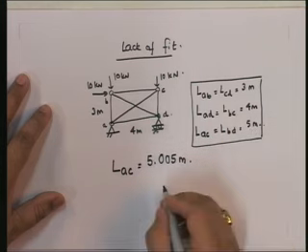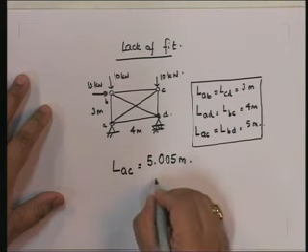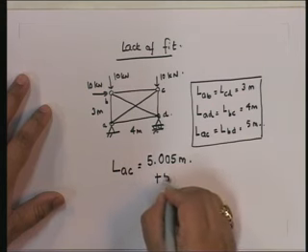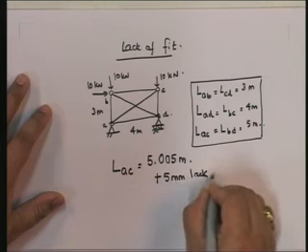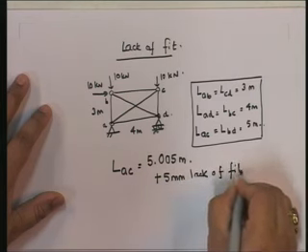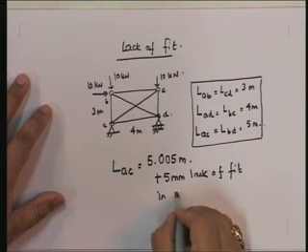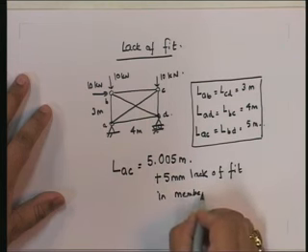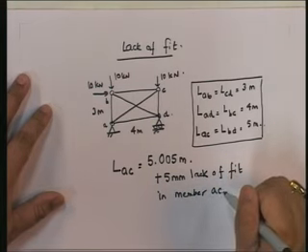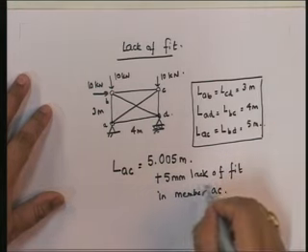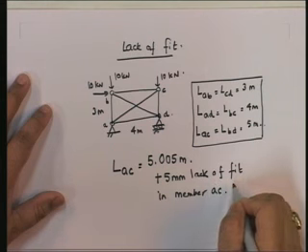That essentially means that there is a plus 5 millimeter lack of fit in member AC. In other words, member AC is actually 5 millimeters longer than it's supposed to be.